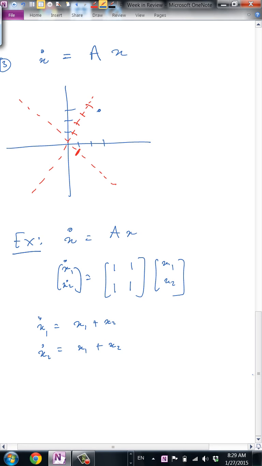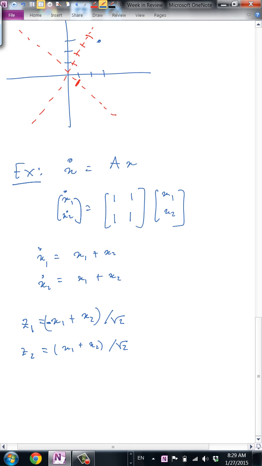But now let's change coordinates. So let me define z1 to equal minus x1 plus x2, and for just normalization reasons, I'm going to scale it down by a factor of square root of 2, and z2 to be x1 plus x2 scaled down by square root of 2.